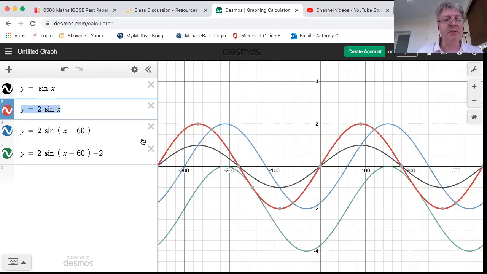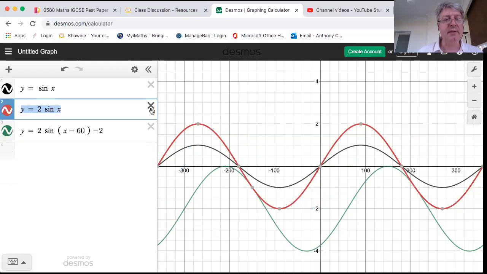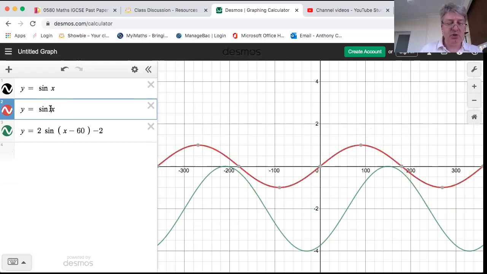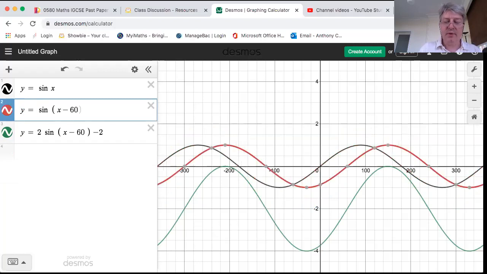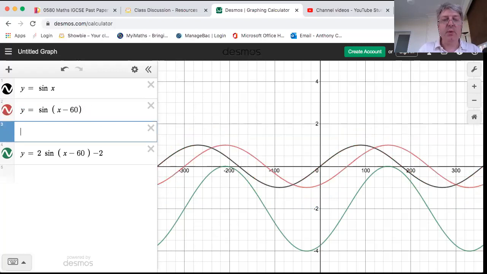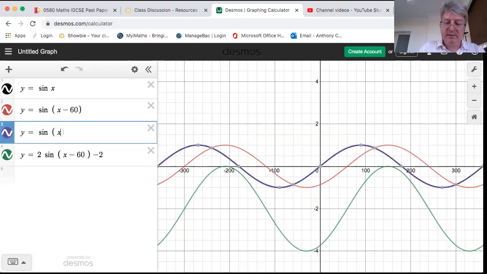If I swap these around, in fact, and what I did here was I actually changed the order of the translations. So I did that one first, and then I did the takeaway 2.